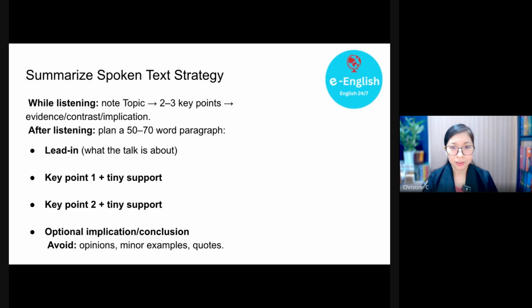This is optional if there is an implication or conclusion. Here, avoid opinions. So you don't need to write opinions here. Minor examples and quotes. So it's like you're listening to part of a lecture and you are writing a summary of what the lecture is about. So that is what this task looks like.